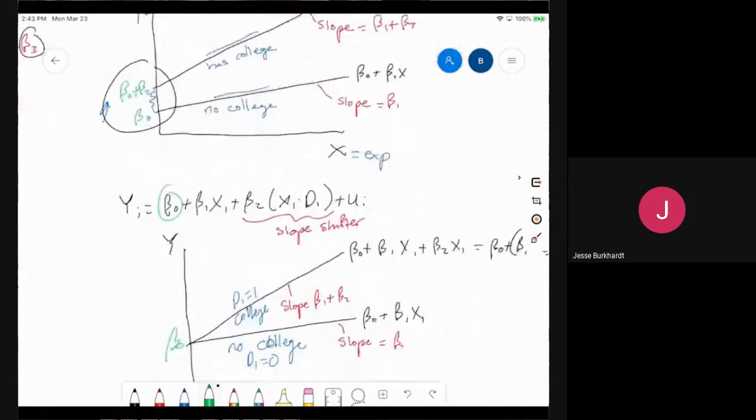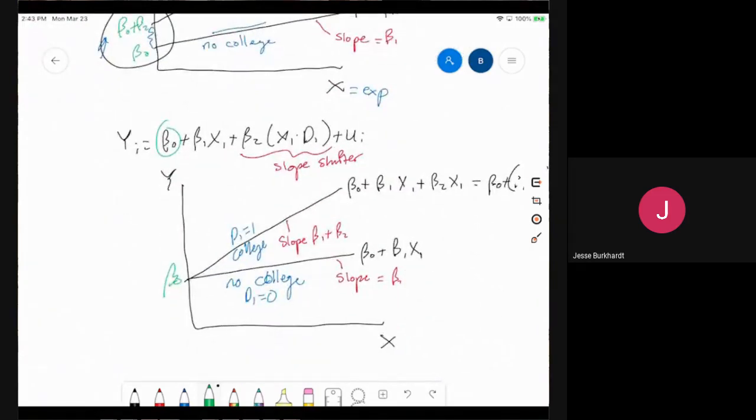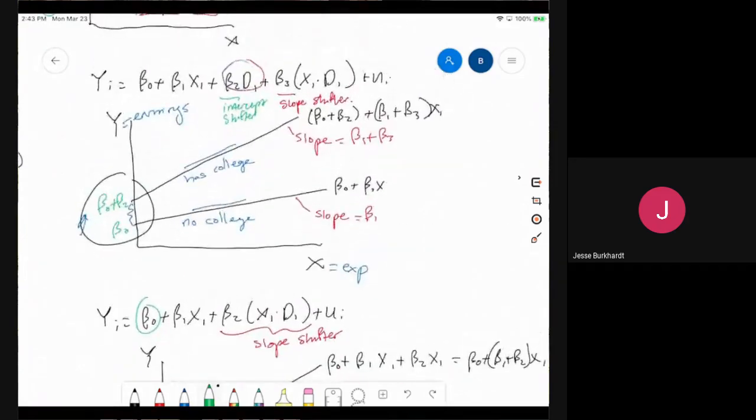If we include the interaction but not the intercept shifter by itself, then we're left with 2 lines that are not parallel but start at the same place, the same intercept. And then if we have the model where we include the dummy variable by itself and we have an interaction, then we have not only a difference in intercepts, but we also have a difference in the slopes.